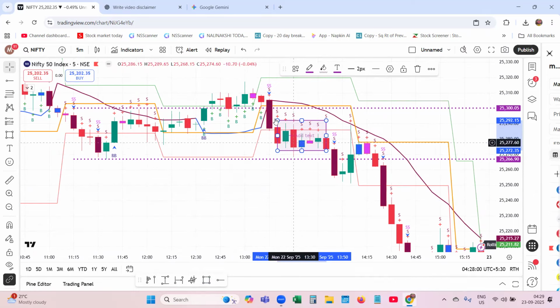You are entering around here. You are not panicking because price has come down below the pivot. It has lost its pivot, that is an hourly pivot. Price is below the pivot, and also price broke the support.